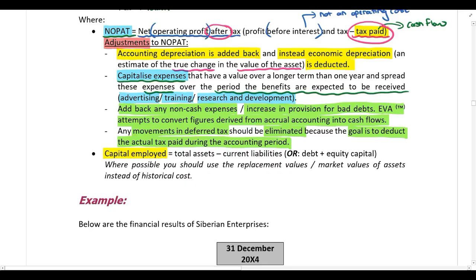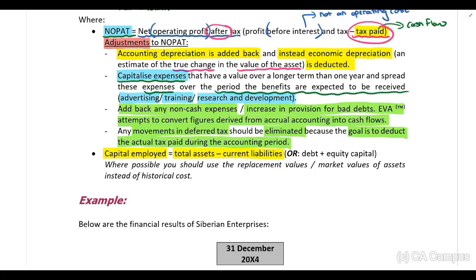Capital employed is just your total assets minus your current liabilities. So please note, guys, you can perform this calculation in one of two ways. And the logic behind this is, remember, your statement of financial position always balances. Your assets equal your equity and liabilities.